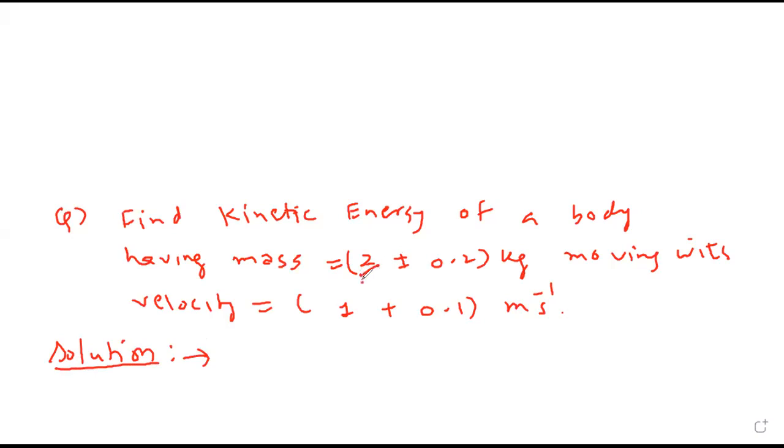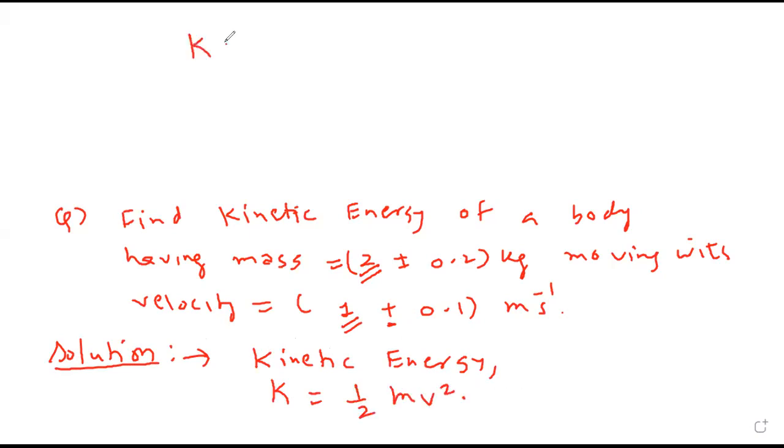This is m or delta m? M. And this one? Velocity V. This is delta m, delta V. I want kinetic energy. What is formula for kinetic energy? Kinetic energy K equal to half mv square.